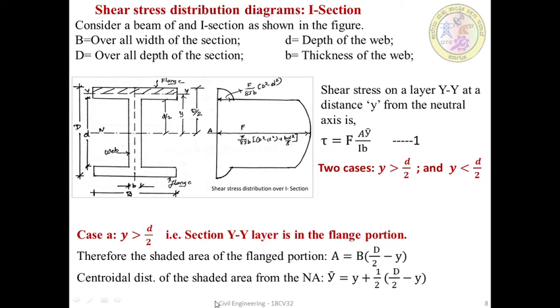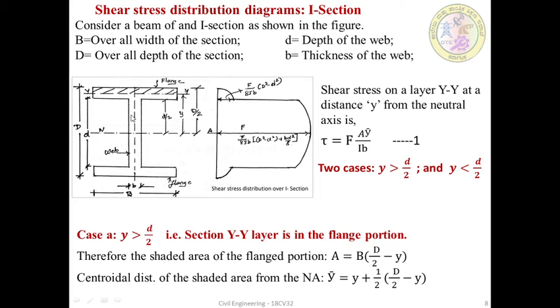Now consider the shear stress distribution diagram for the I section. Consider a beam of I section as shown in the figure.